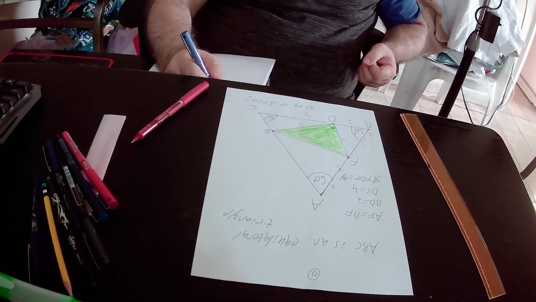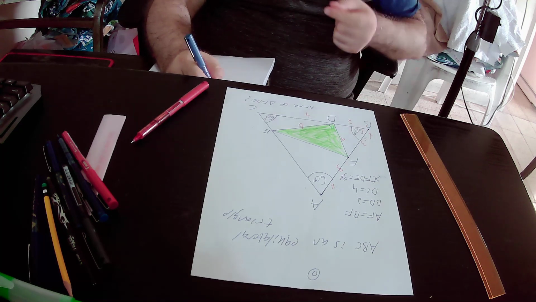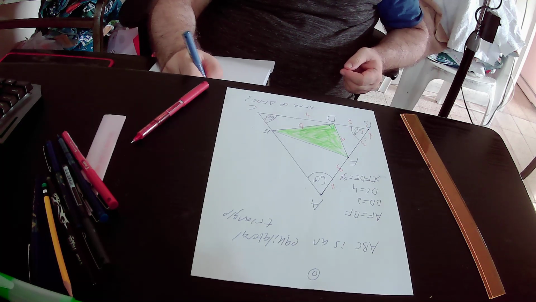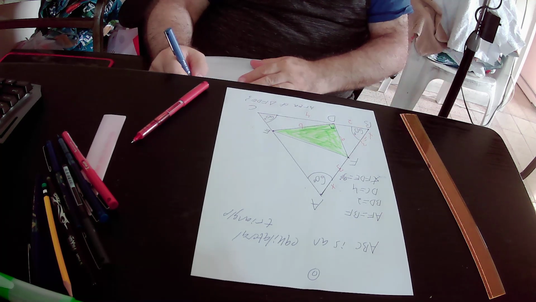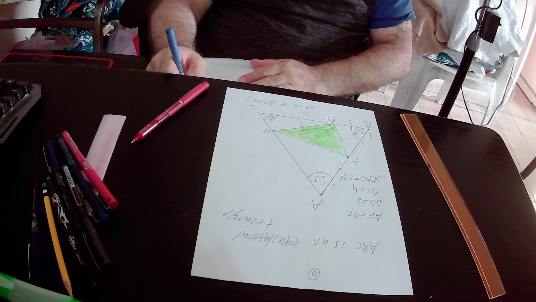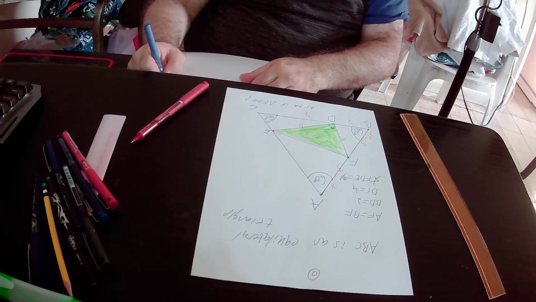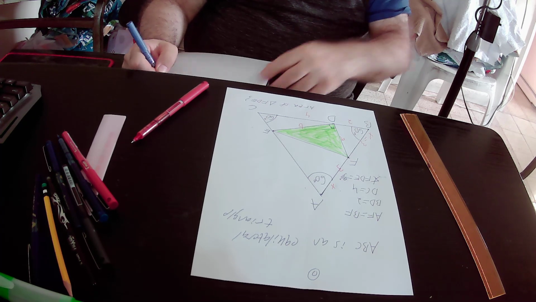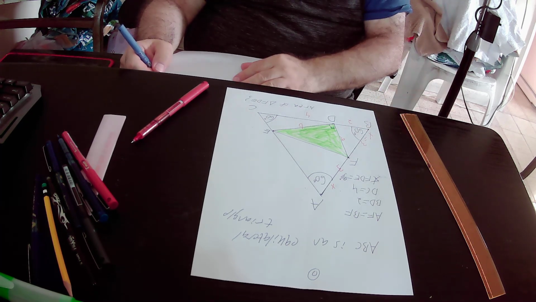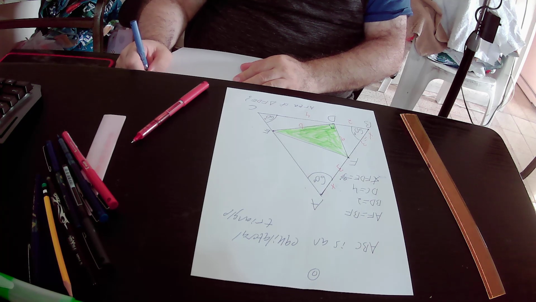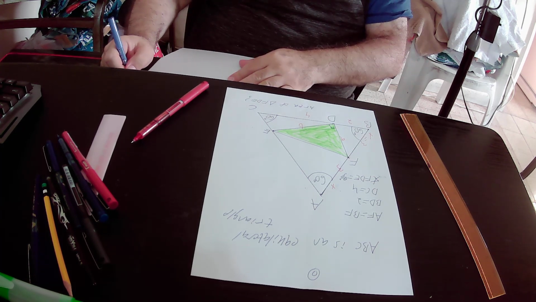According to the law of cosines, FD squared will be equal to BF squared plus BD squared minus 2 times BF times BD cosine 60 degrees.